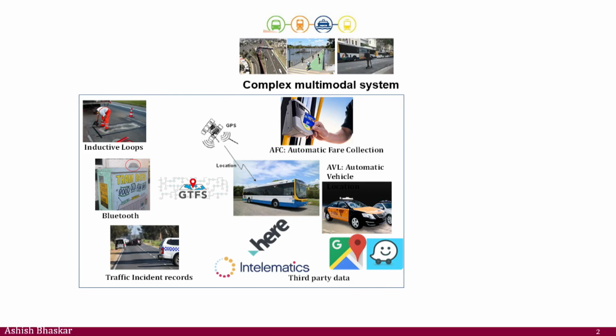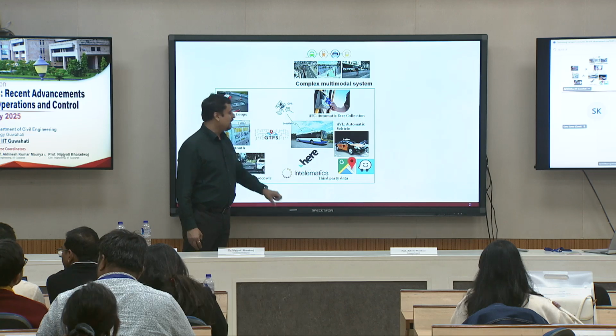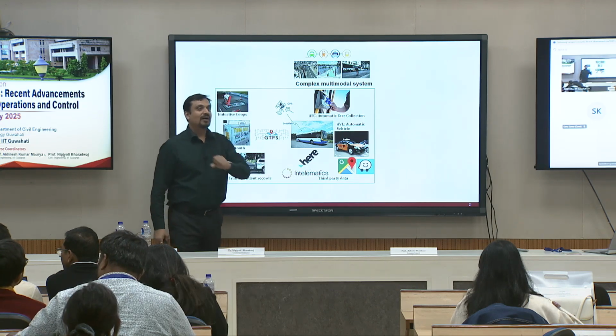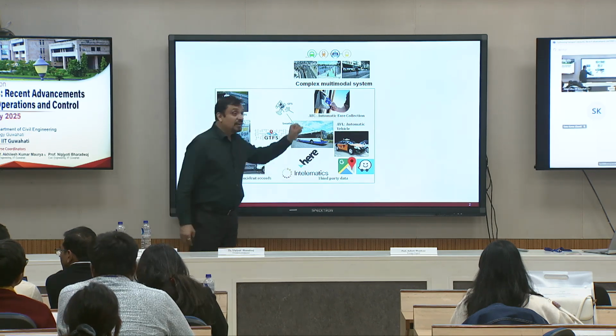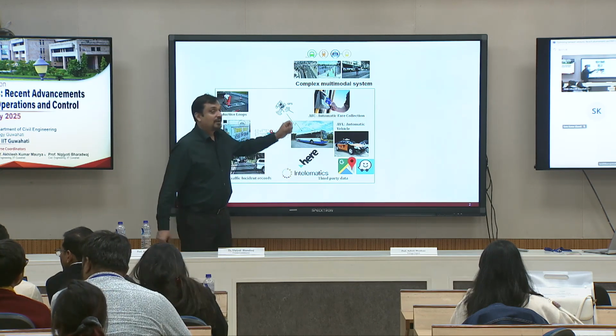The good thing is our complex multimodal system is a system of systems. I call it a system of systems because there's not one system. We have multiple data sources, at least in the developed part of the world, which are trying to observe the traffic over the network. You can have loops, you can have Bluetooth, you can have incident records, public transport GPS records, third parties like telematics, TomTom are also observing a lot of datasets, taxi fleets, smart card.